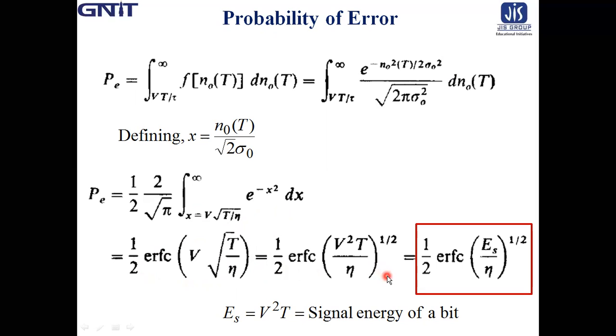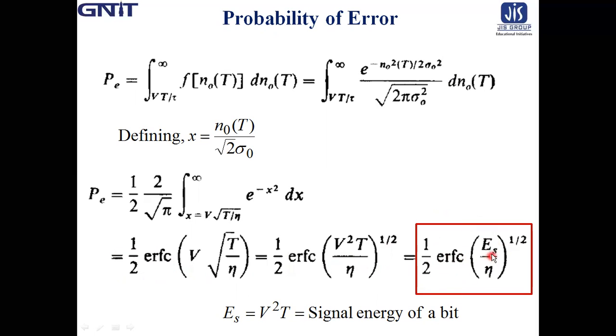So probability of error equal to half into ERFC of Es by eta to the power half, where Es equal to signal energy of a bit, which is V square into T. ERFC is the complementary error function.